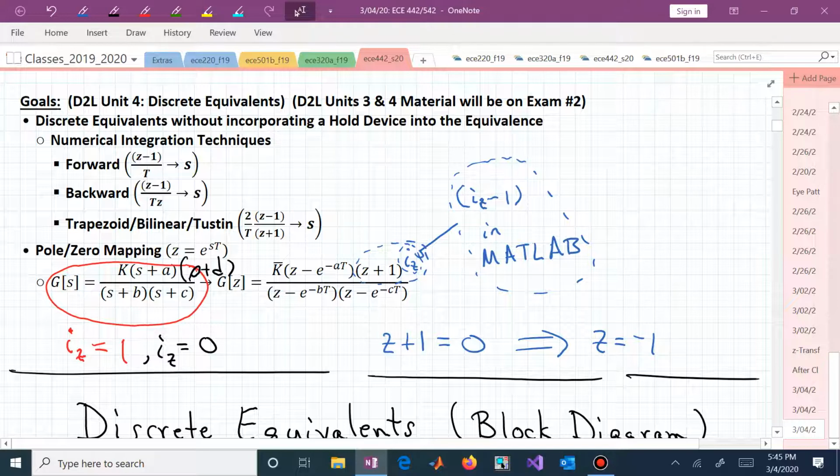If you let s go to infinity, what happens upstairs? Do you see that the s and the s get combined and you effectively have an s squared in the numerator? And in the denominator you have the same thing, an s squared. Now does G of s go to 0 as s goes to infinity?